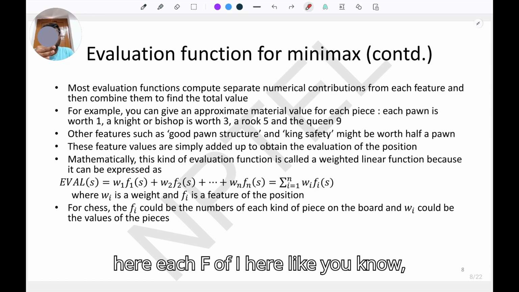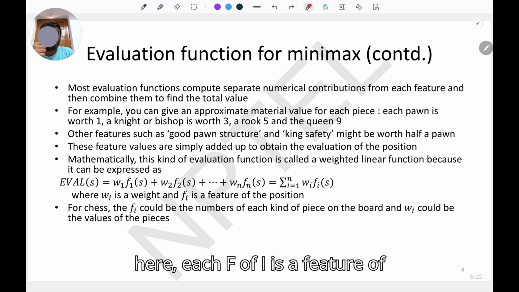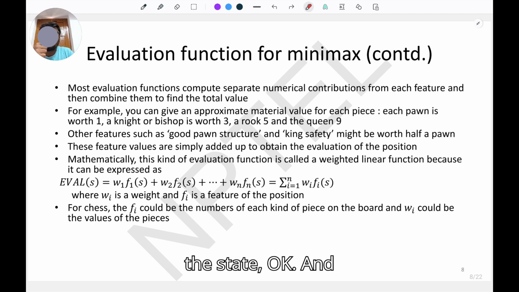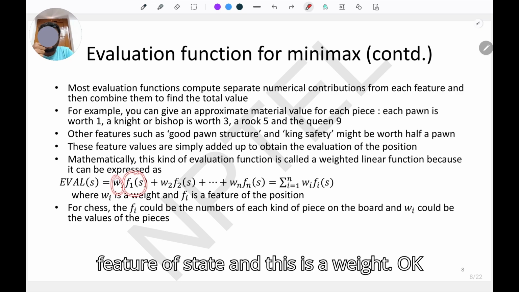Here each f_i is a feature of the state, and each w_i is a weight.